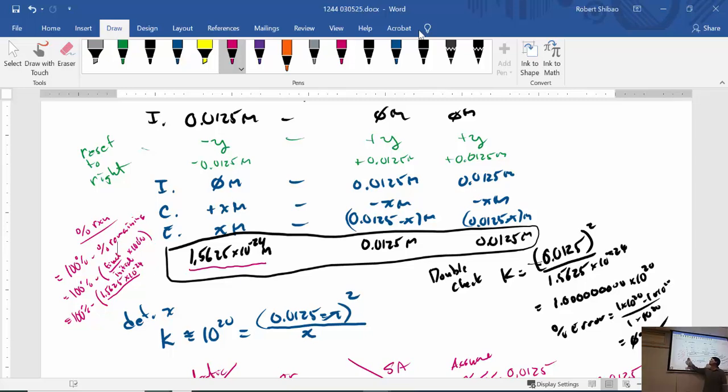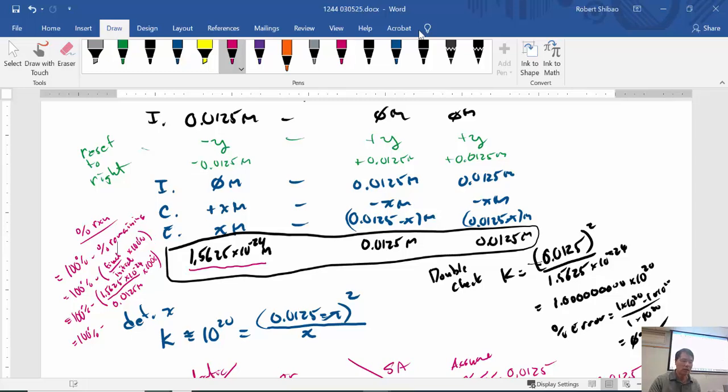Before. We have to use the original amount that was in there. And so we only have 1.5625 times 10 to the minus 24 molar of the original left over. And the original was 0.0125 molar. And then that's times 100%. And so we're going to get 100% minus, okay, so I'm going to do it this way.